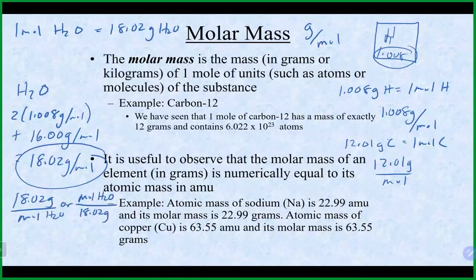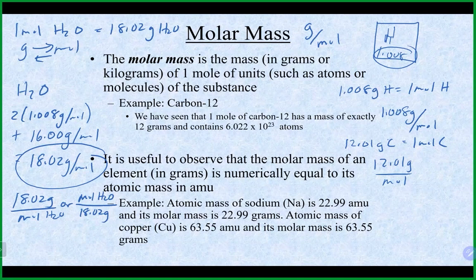Molar mass is our conversion factor to go between grams and moles and back. So if you need to take something from grams to moles or from moles back to grams, use the periodic table and molar mass. Once again, you usually take 4 significant figures for each element when you're pulling off the numbers. Any questions on that?